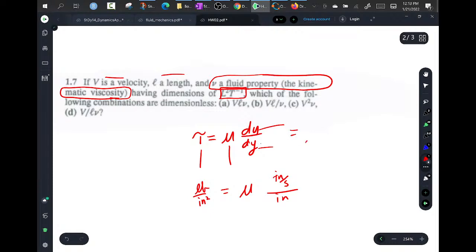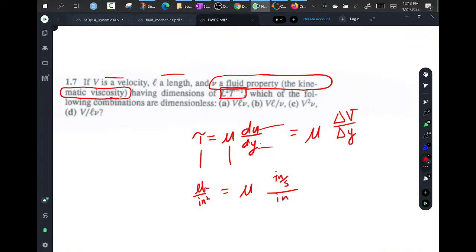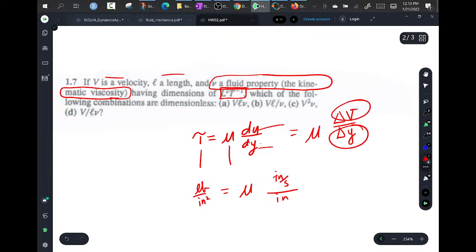So in other words, it's like mu, change in velocity over change in the height. So this is units length, this is units velocity. So this cancels that, and so you get pounds second inches squared, or you get a force, a time, a length to the minus 2, and I wrote 1, but I should have written 2.